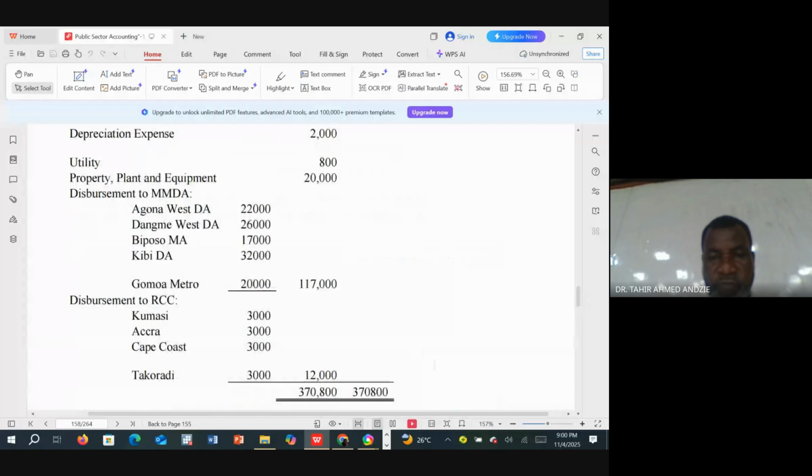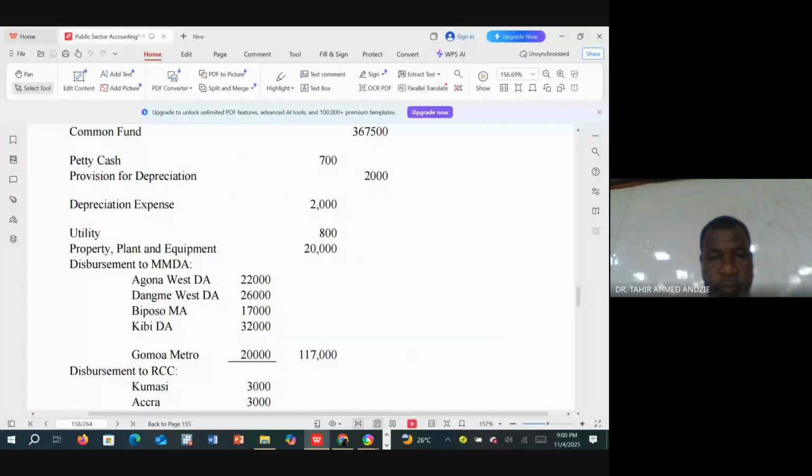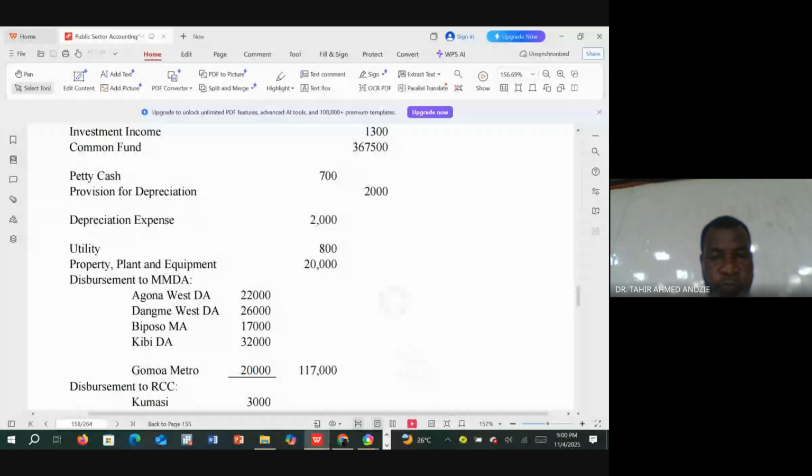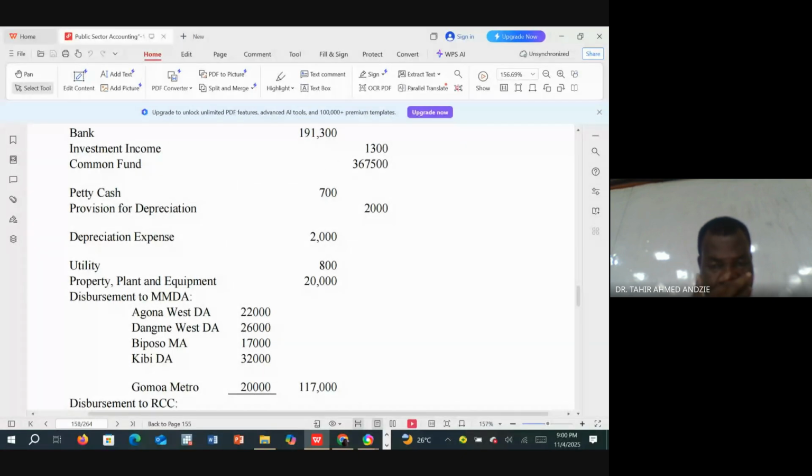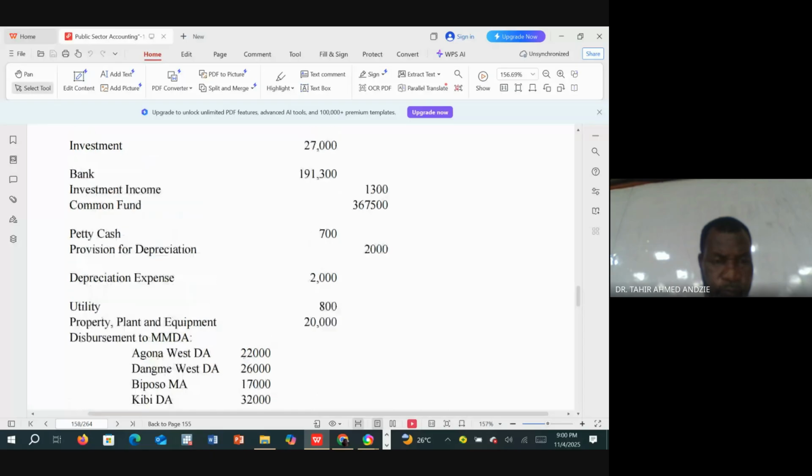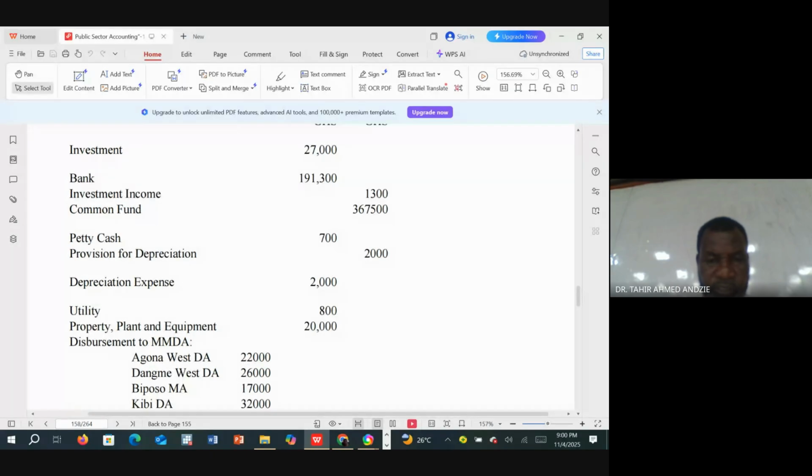We have the provision for depreciation to be 2,000. Okay, so it means that it's the same thing. We provided for 2,000, and the actual depreciation is also 2,000. So that is all. It balances.